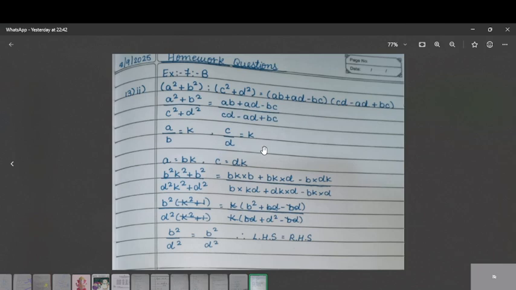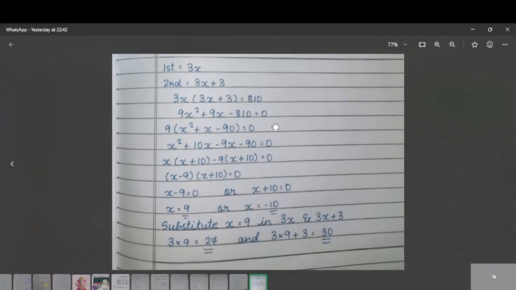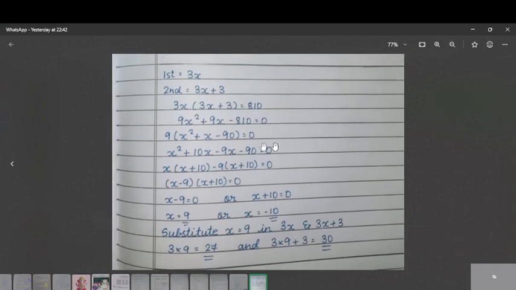BD square by BD square. K into B. Yes, Tanishka, the answer is correct. 7. This was, I don't know which question I marked. I'll check this later. Fine.